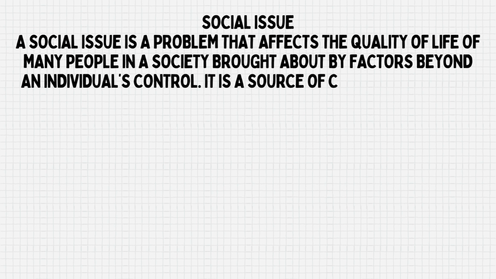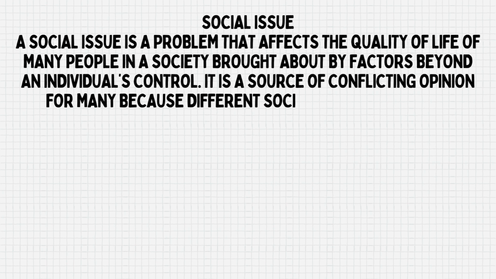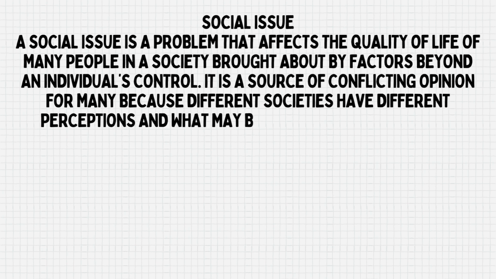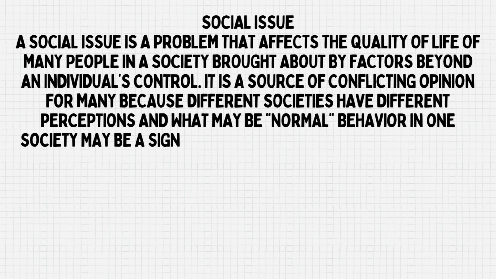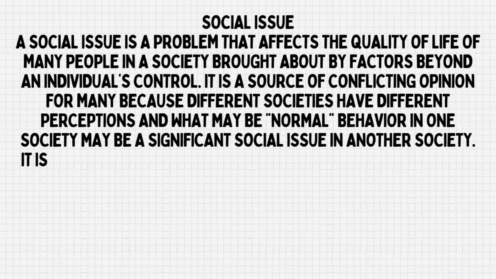It is a source of conflicting opinion for many because different societies have different perceptions, and what may be normal behavior in one society may be a significant social issue in another society. It is usually recognized by many as a condition or behavior that needs to be addressed.